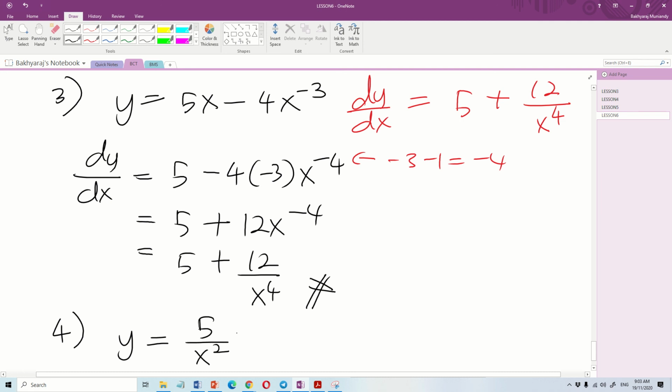Okay, number 4. I give you 5 over x power of 2. Macam ni pula. How to differentiate? Yes, betul Syakiri. To do number 4, you have to do some transformation. Kena buat some modification. Kena bawa x ni buat jadi kuasa negative, x negative 2.